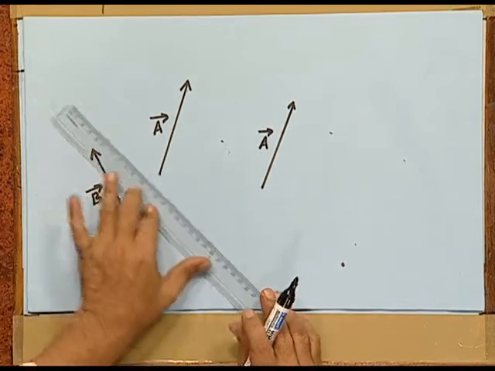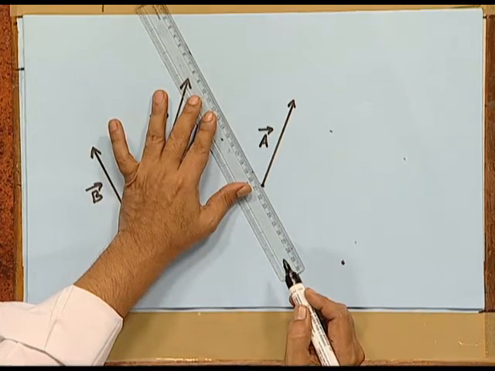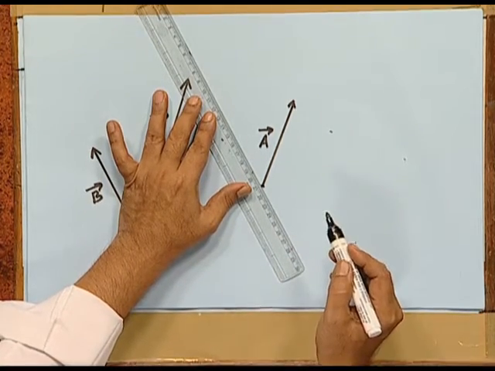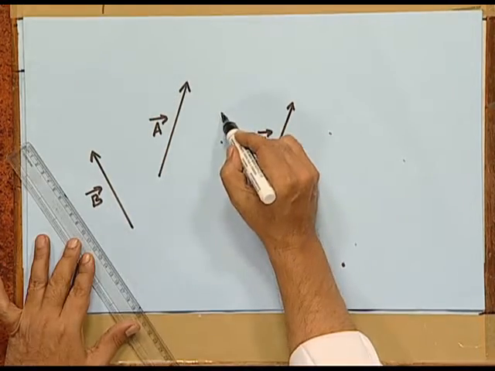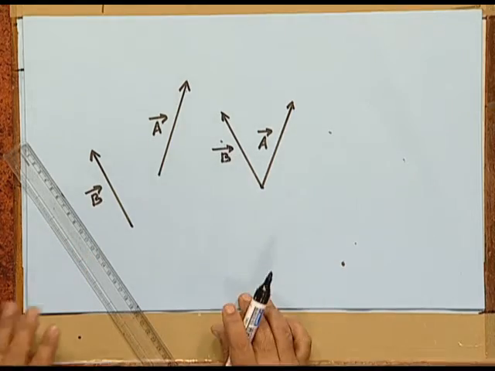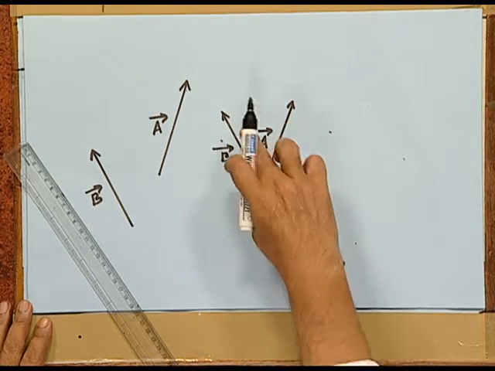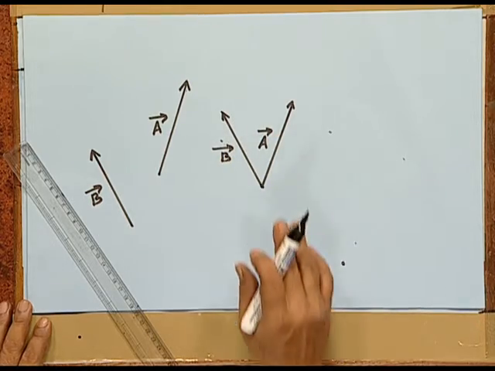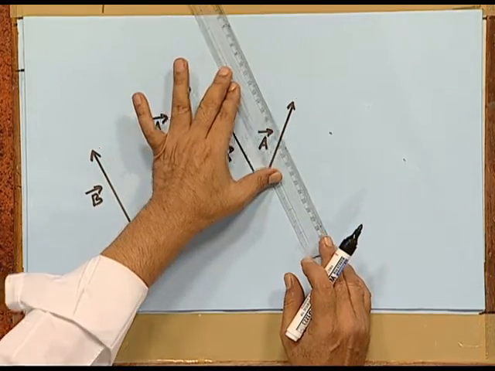Vector B also should be transferred, but here vector A and vector B are two sides of the parallelogram. Complete the parallelogram. How do we do it? Draw a line parallel to this.